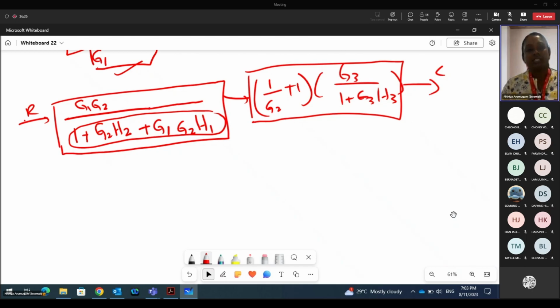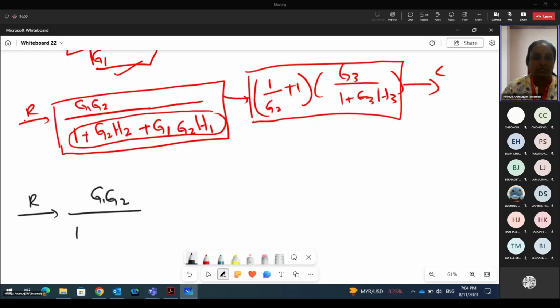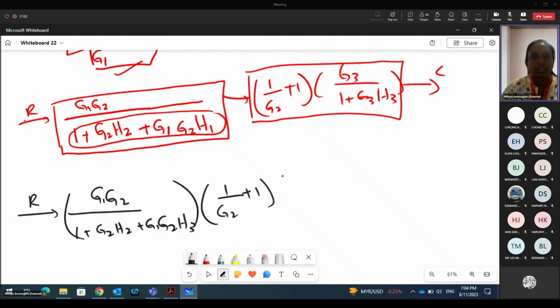Since these 2 are in series, we're going to multiply these 2 blocks. So with that, we will be getting R. Okay, and we have 2, so I'm just going to multiply this series: G1 G2 over 1 plus G2 H2 plus G1 G2 H1, and then 1 over G2 plus 1, G3 over 1 plus G3 H3.